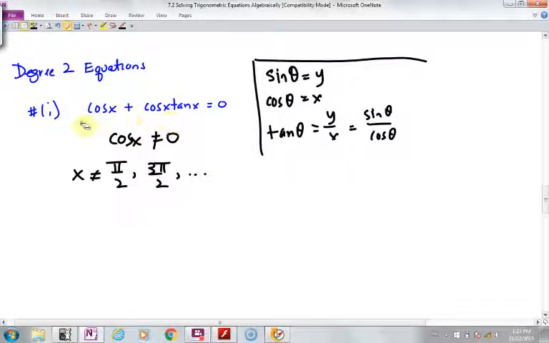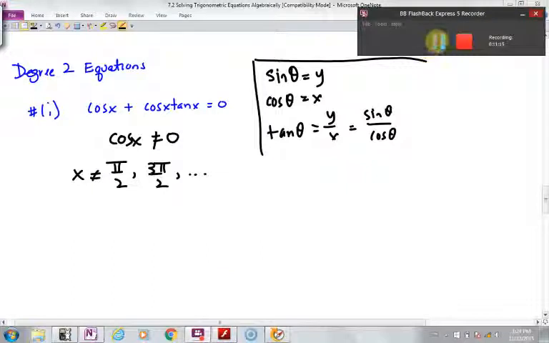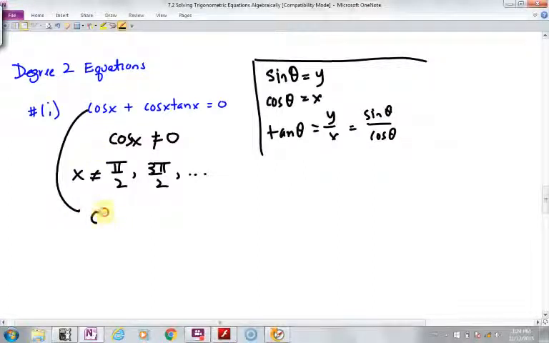Okay? Now how am I going to solve this? I need to isolate the trig functions so that it says cos x equals, tan x equals. How do I do that with this equation? Any suggestions about what I can do? Good. So we're going to factor out the cos so that it says cos x.